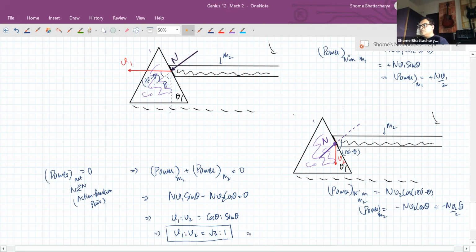Okay. So now we can differentiate this and say that A1 is to A2 is root 3 is to 1. So this becomes our first important equation.